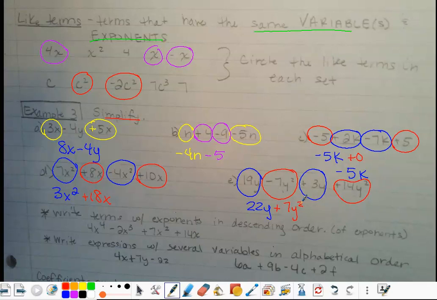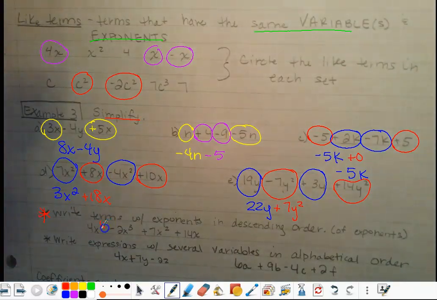Okay, so hopefully this is making some sense to you, because we're going to probably put them together before we leave today. All right, next up, some important things to know. We want to write terms with exponents in descending order of our exponents. So like we would want 4x to the 4th, and then minus 2x cubed plus 7x squared plus 14x.